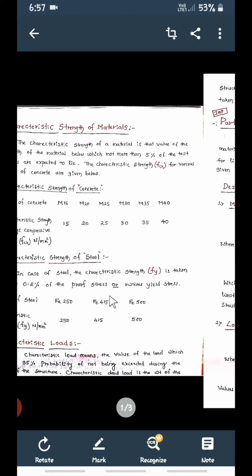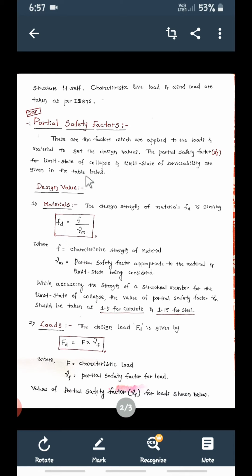These characteristic values will be associated with these partial safety factors. These are the factors which are applied to the loads and material to get the design value.